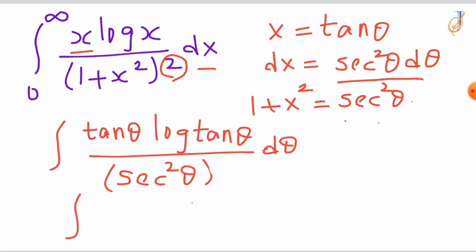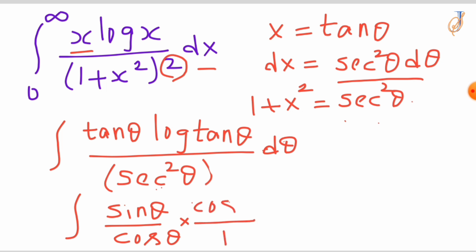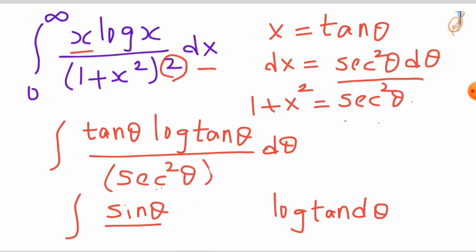Then tan θ we can write as sin θ over cos θ, and the sec²θ we can write as 1 over cos²θ, isn't it? So 1 over cos²θ log tan θ dθ. Here one cos² and here one cos θ get cancelled, so only cos θ is left at the numerator.